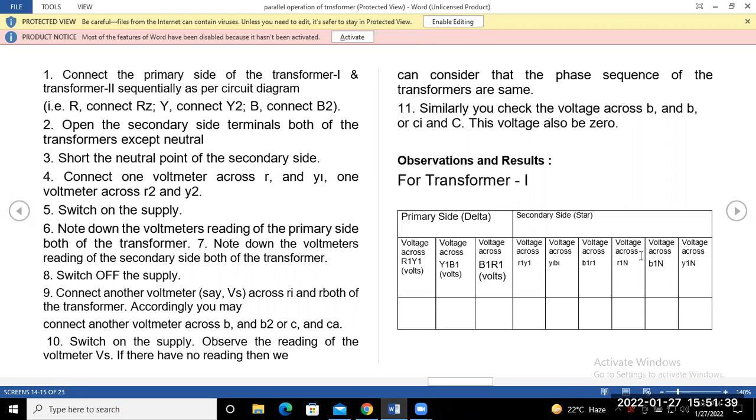So you just make the observation table, and when we perform this experiment in the laboratory, you will be able to note down the readings, whatever the primary and secondary side readings indicate on your voltmeter and ammeter. Okay. So everyone just make the table.